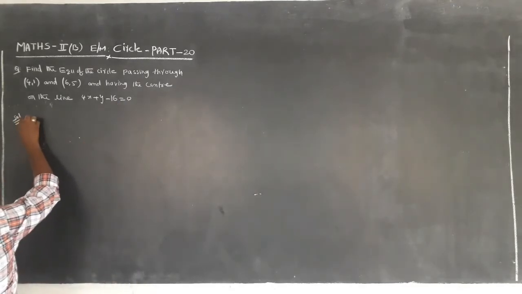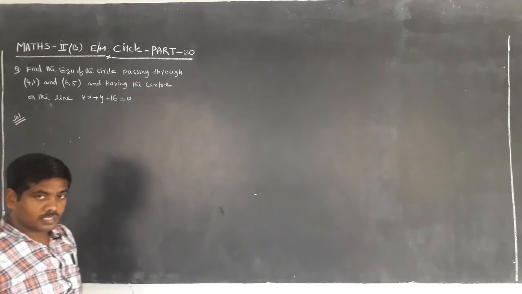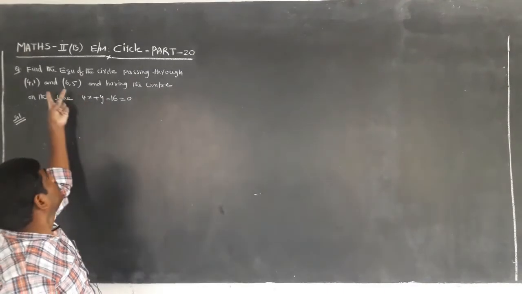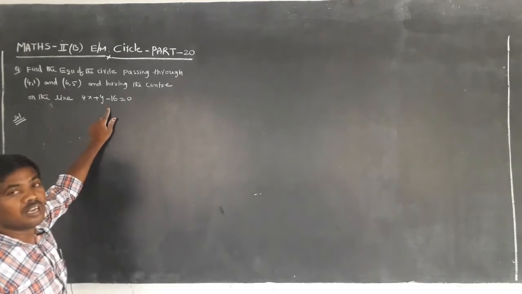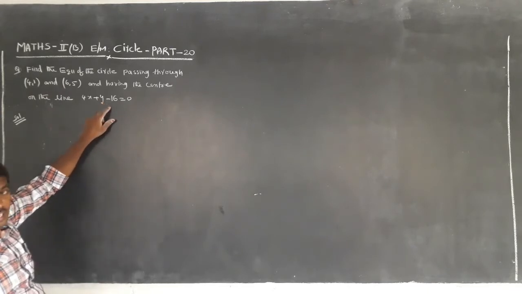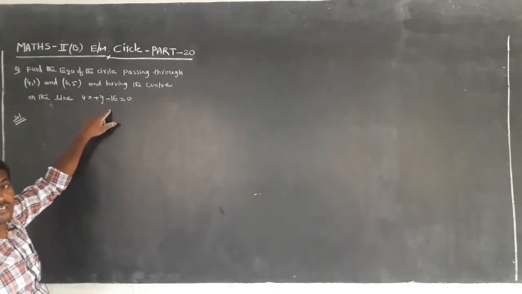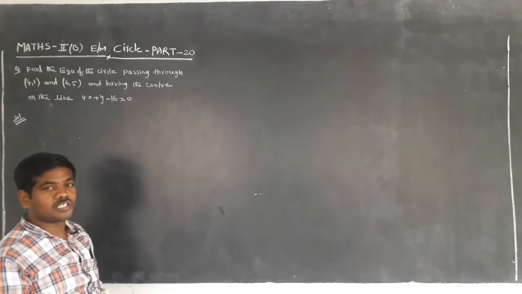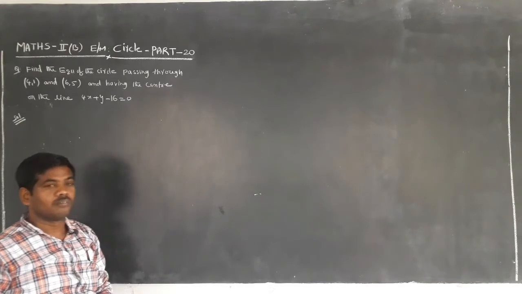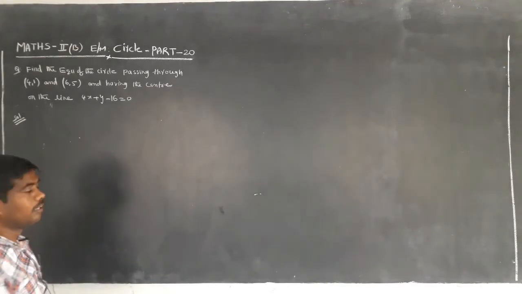Again, we want to find the equation of the circle passing through the 2 points, with the center lying on the line. Here we require the equation of the circle, so we take it in general form.